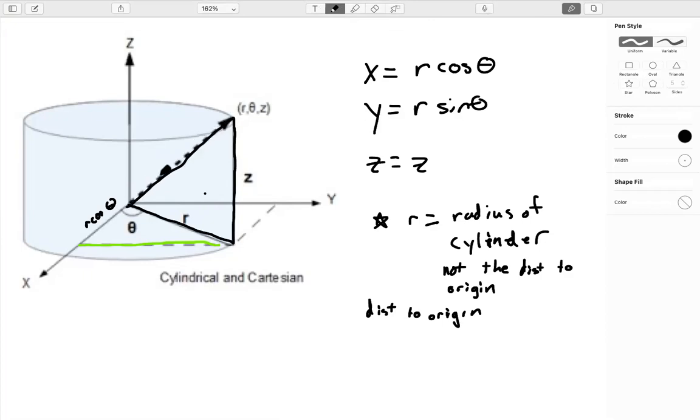The hypotenuse of this triangle is the distance to the origin. And so that would use the Pythagorean theorem on this triangle here. And so that would be the square root of r squared plus z squared.